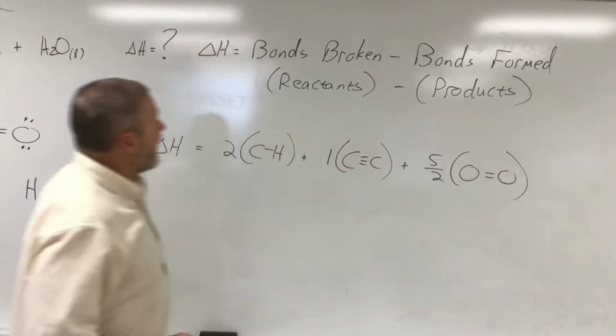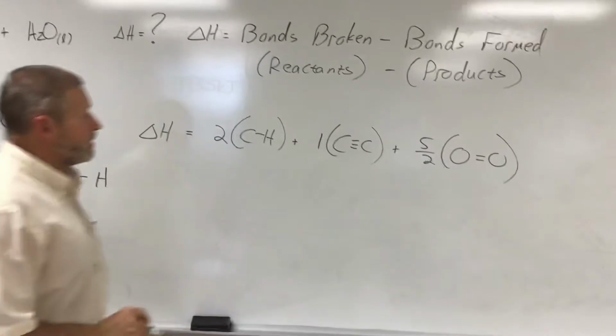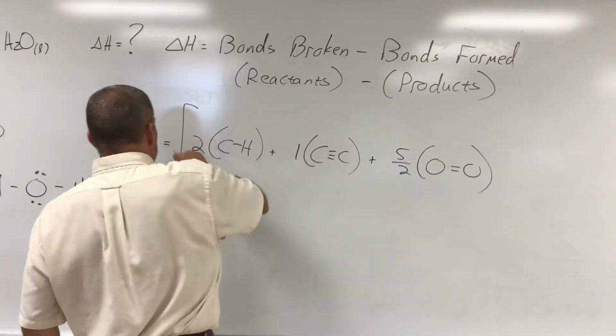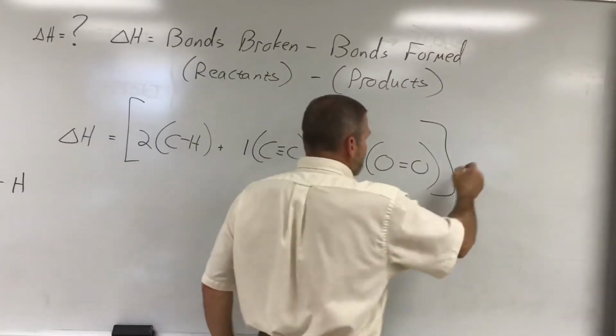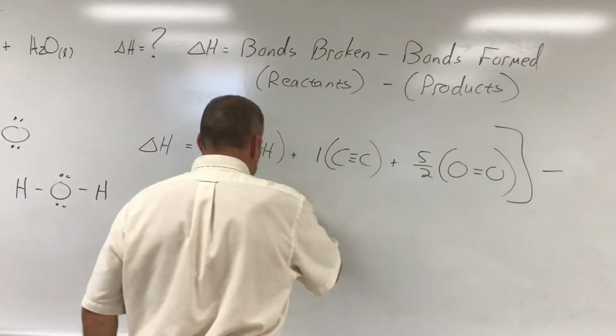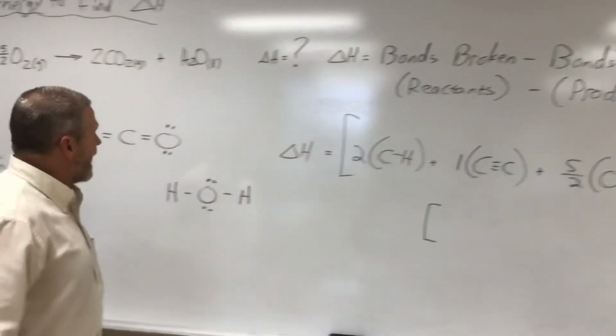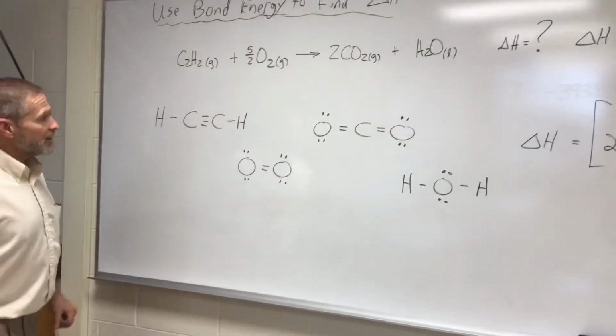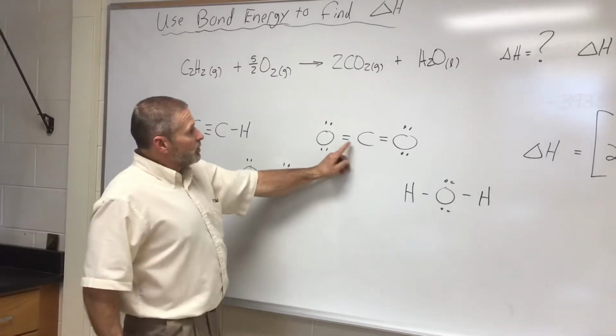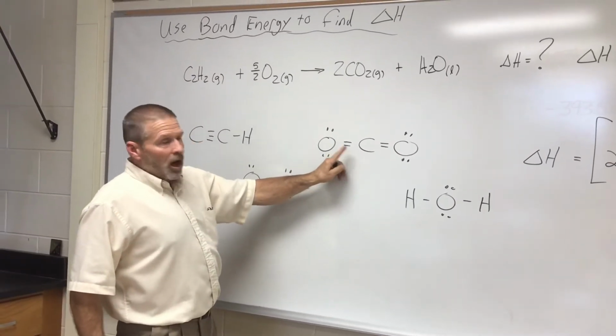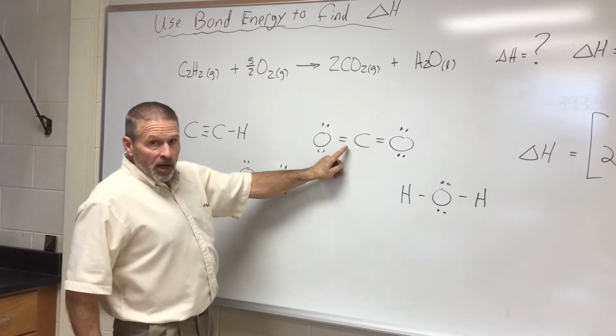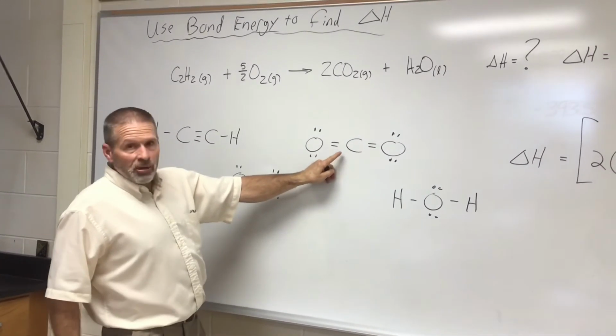Okay, there's our reactants, bonds broken. Put it in a big bracket here. Minus. Okay, now let's tackle our product side. We're going to have to form 2 carbon to carbon double bonds, carbon to oxygen double bonds, sorry.